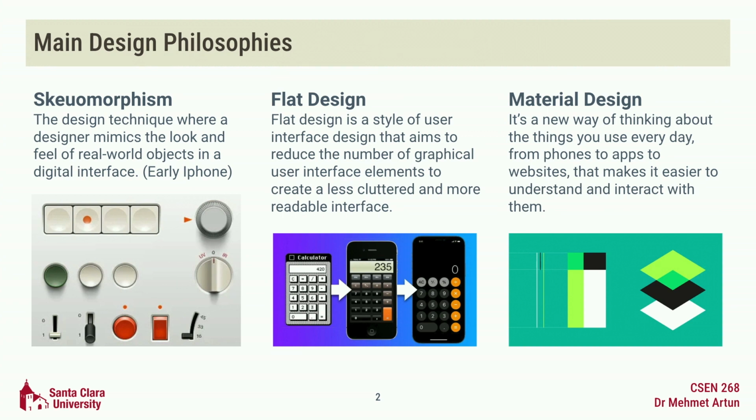But then obviously this is too clunky, it's very unmodern and everything. And we'll come to why this was dropped in more recent years. Then came flat design, right? Flat design, this is the evolution of Apple. This is from the early Mac to the calculator on these little Mac screens.